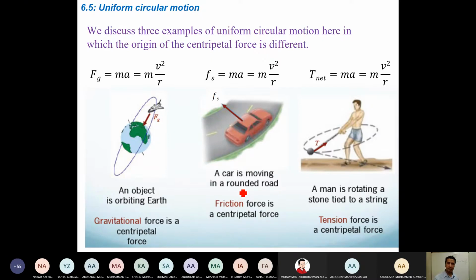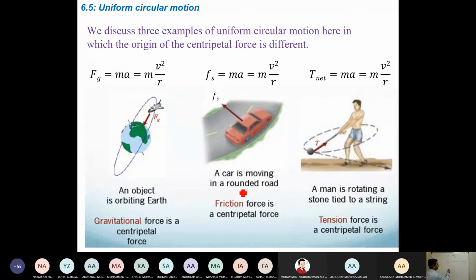Whatever the road is, you are still sticking to it, and you are moving. If you look at that, the centripetal force in that case is the friction force. And the friction force comes between the tires, which are rubber, and the road. That friction is the static friction.